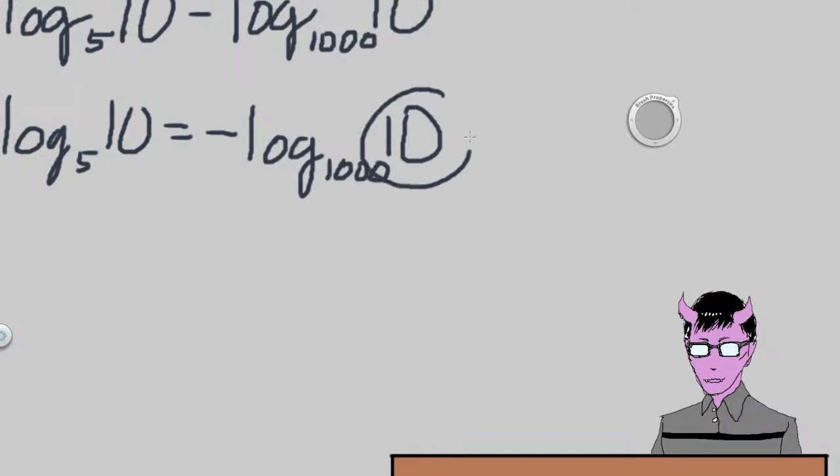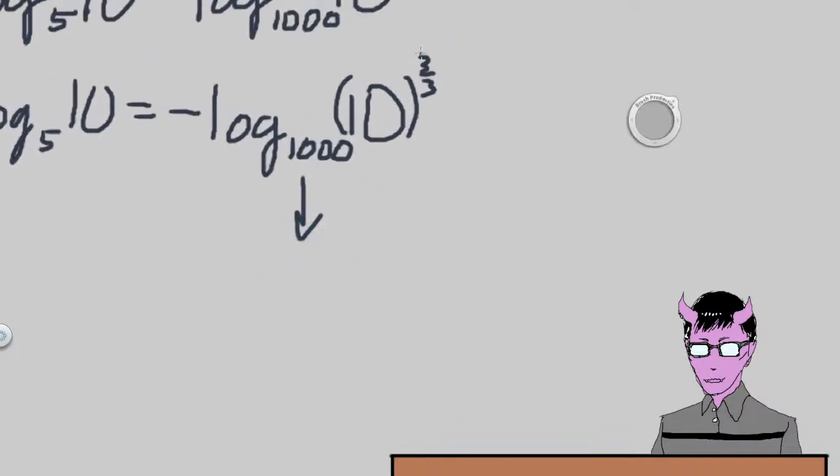So we can actually change this to 10 to the power of 3, but to do that, we're going to raise it to the power of 3 over 3, so it's still 1. So why 3 over 3? Because 10 to the power of 3 gets 1000. And that's what we're going to do. We're going to take that 3 on top in the numerator and we're going to distribute it to the 10.